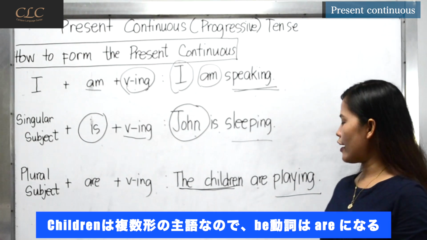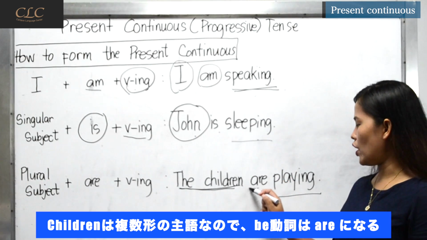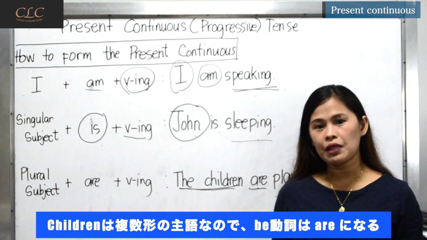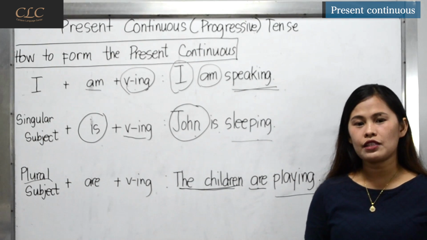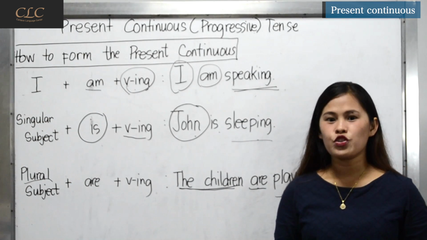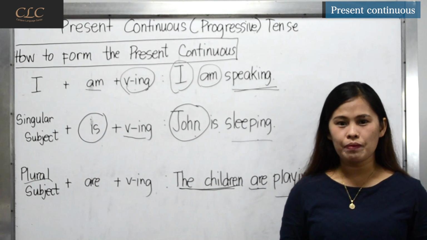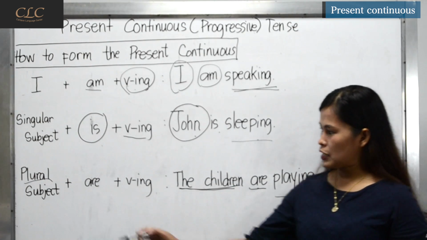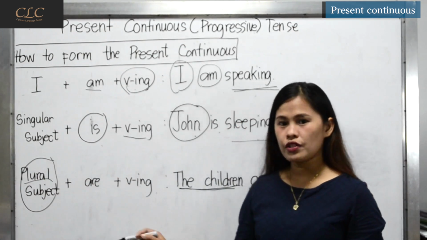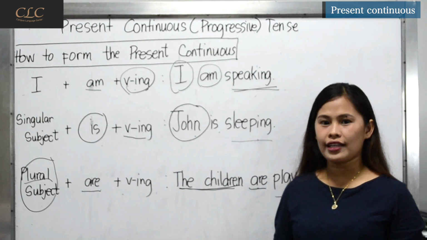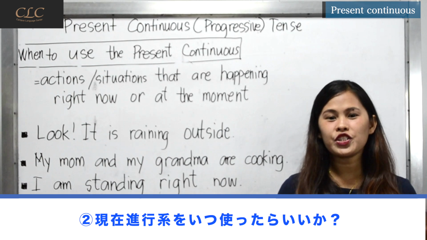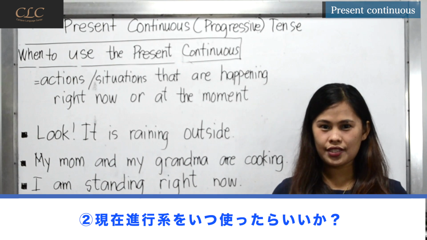That's why we have here the verb to be are. So what do you mean by plural? Plural means more than one or two or more. So always remember, when the subject is plural, then we use the verb to be are plus your main verb in the ing form.